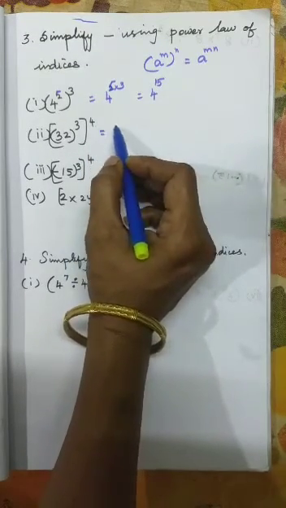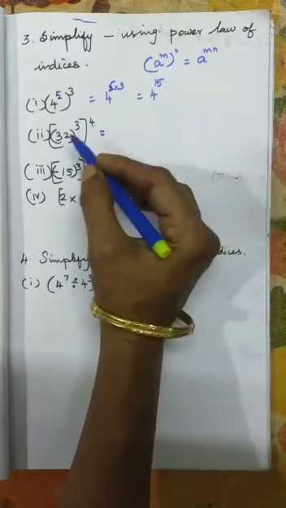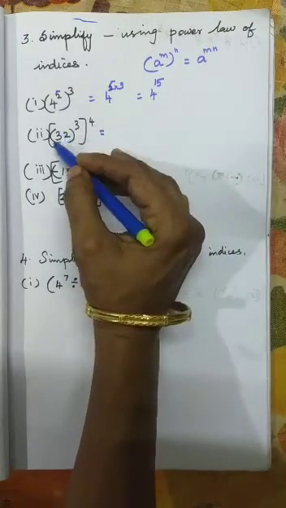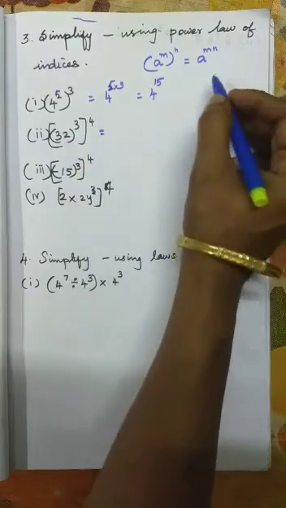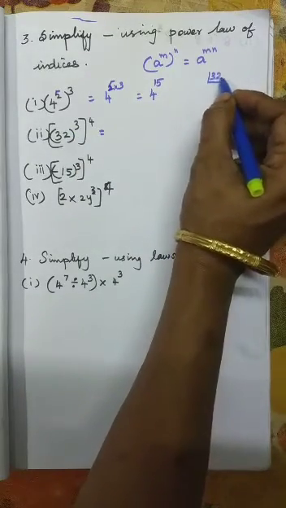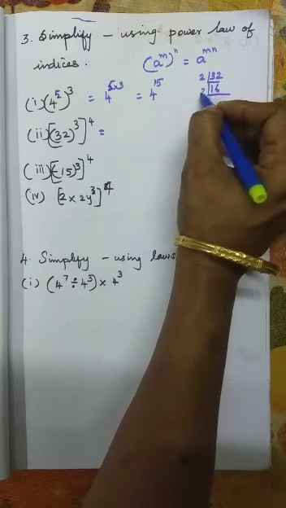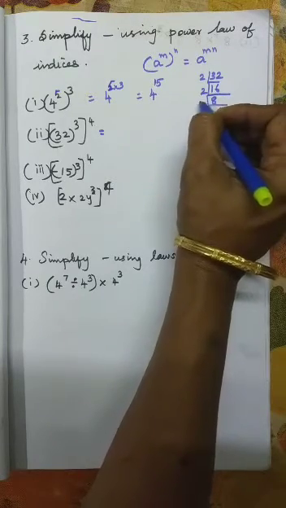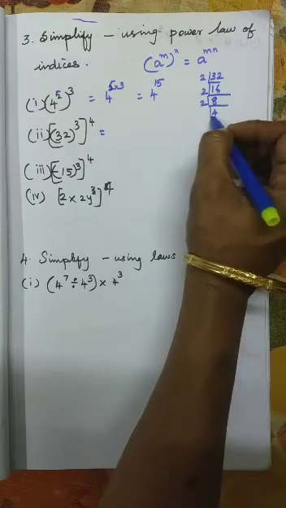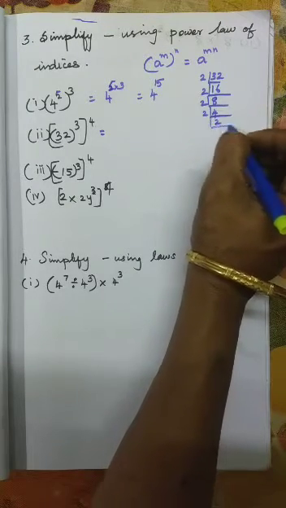Then second one, 32 power 3. We can write the 32 in exponential form. How? 32, 2 table 1 times, 6 times. Then again 2, 8, 2, 4, 2, 2. Again 2, 1.